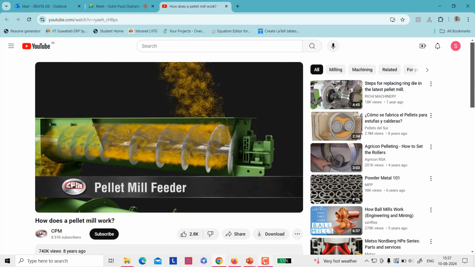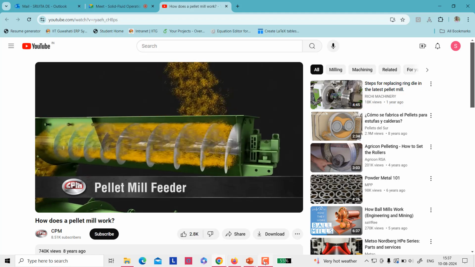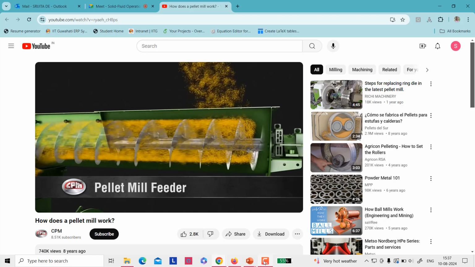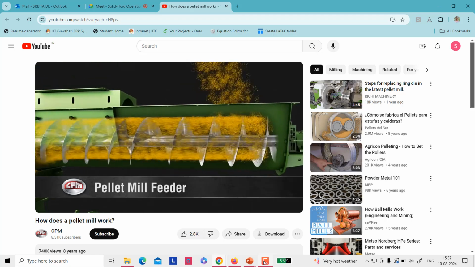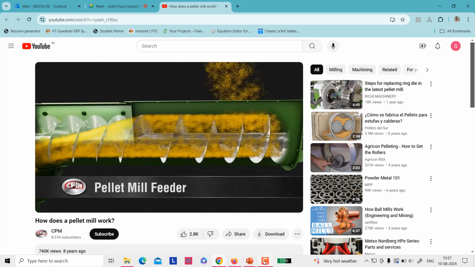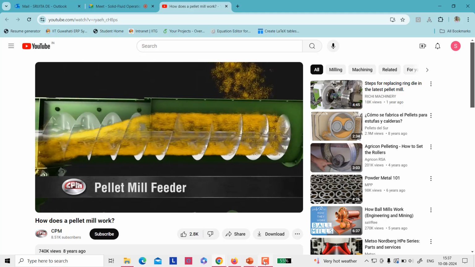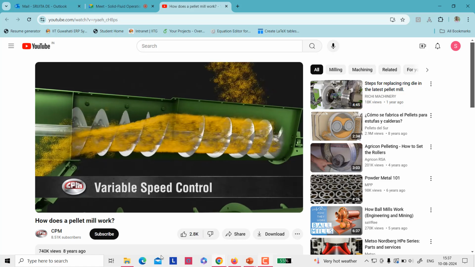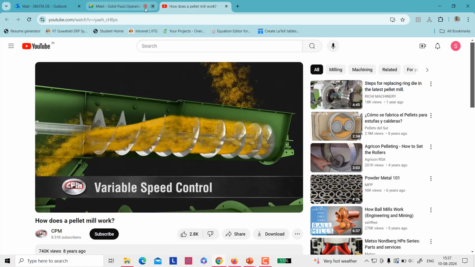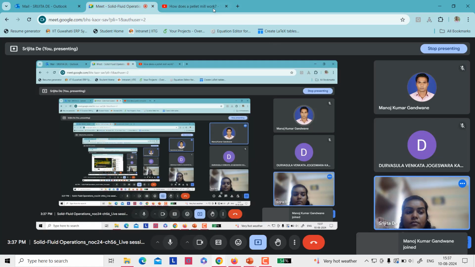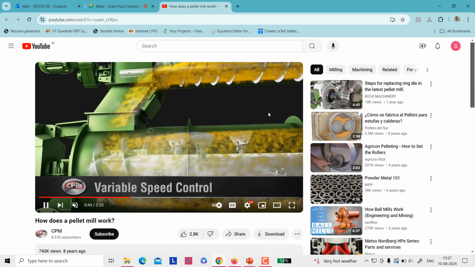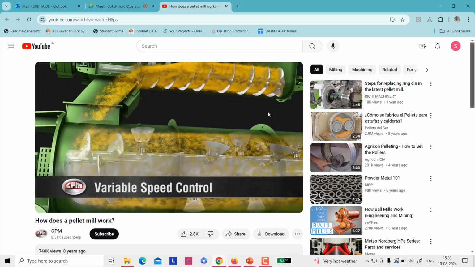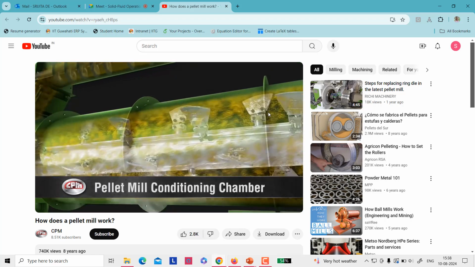The feed particles are sent here and continuously rotated with this machine. Again it is rotated at variable speed.